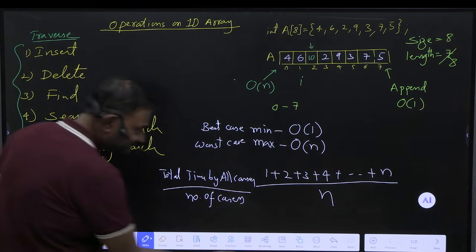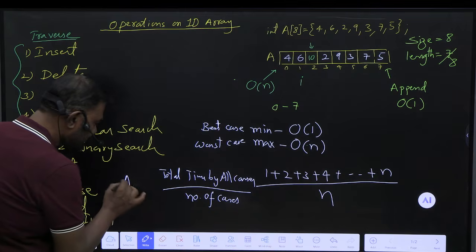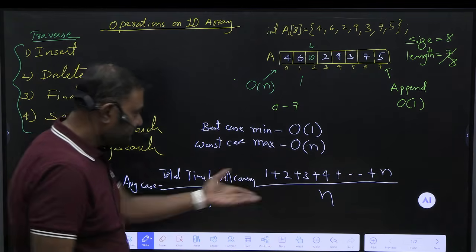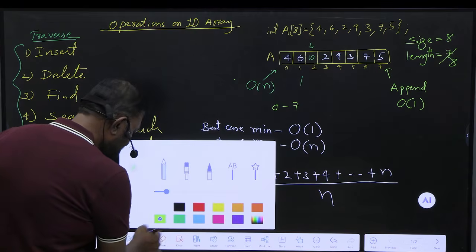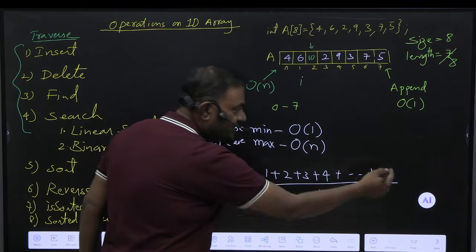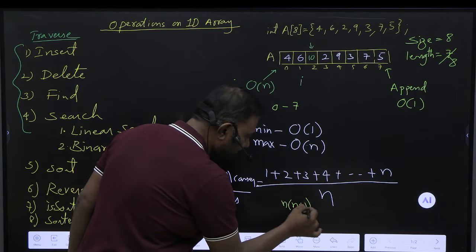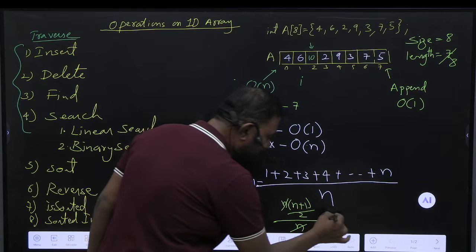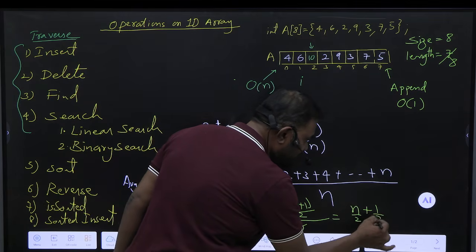So this gives the average case. On the top it is n into n plus 1 by 2, whole divided by n. So this gets cancelled, and this is n plus 1 by 2.